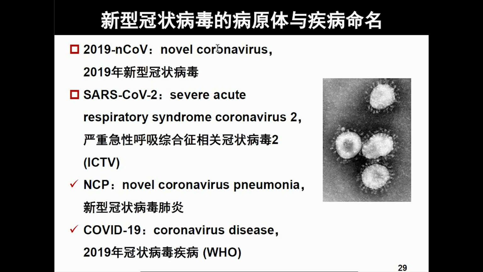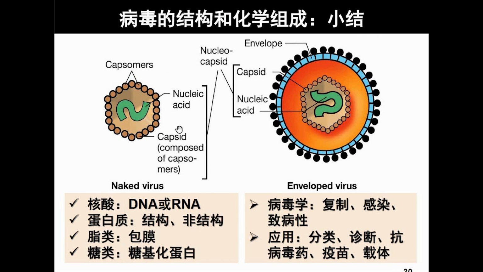How is this time's novel coronavirus named by ICTV? It is the novel coronavirus, SARS-CoV, named as novel coronavirus COVID-19. Remember, viruses are divided into naked virus and enveloped virus, on the basis of whether they have an envelope or not. On the basis of that, ICTV has classified them.